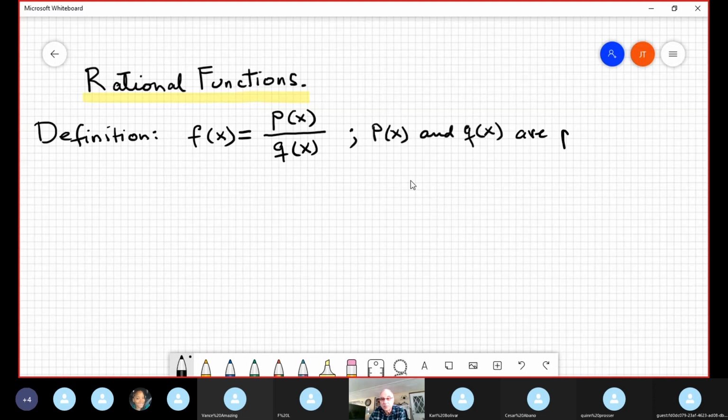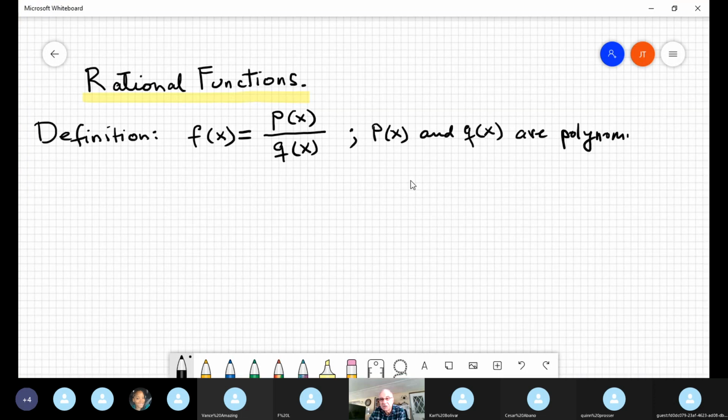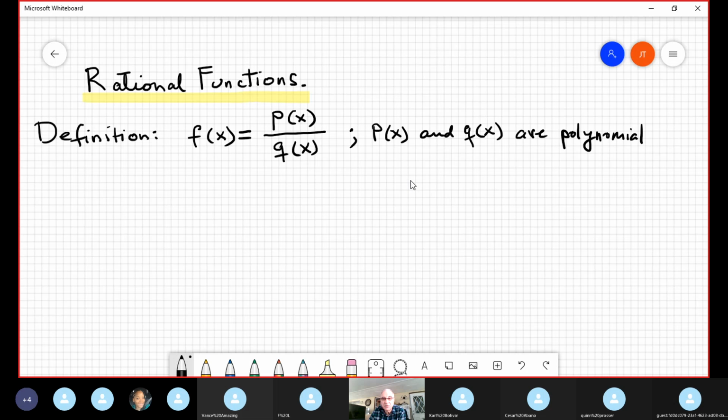Any polynomial, it doesn't matter the degree. The only restriction, of course, is that Q should be not zero, because division by zero is undefined. This is the definition.